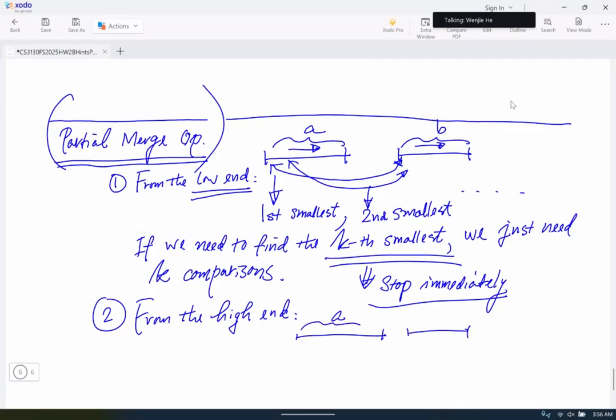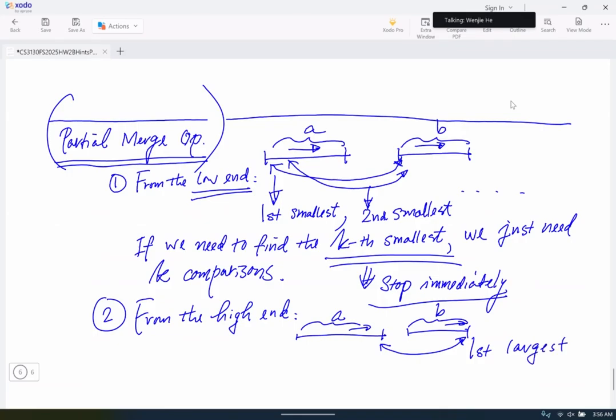Sometimes it is more convenient to find the kth largest element. Then we come from the high end. So first largest, one comparison. You get the first largest.